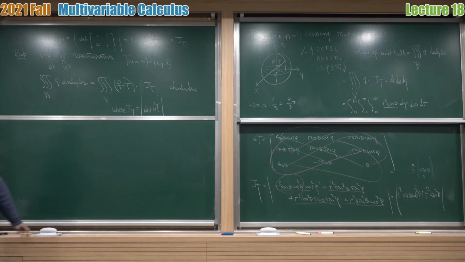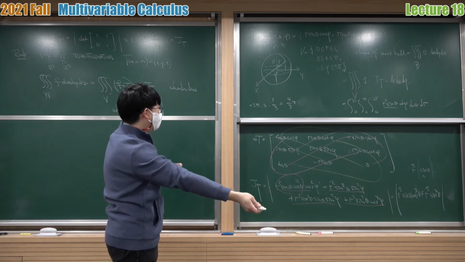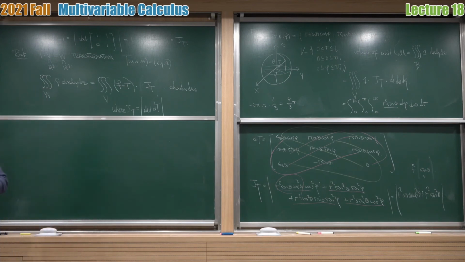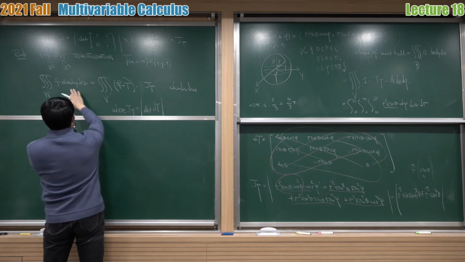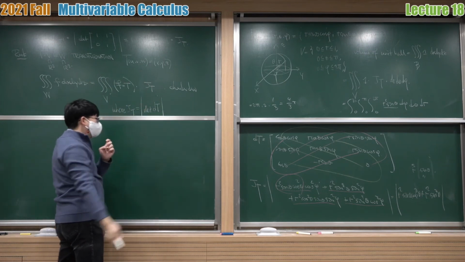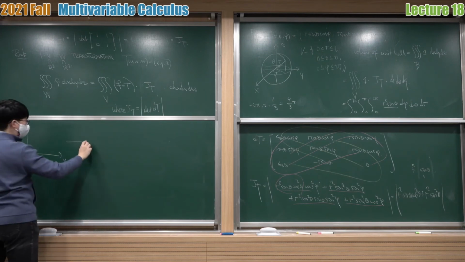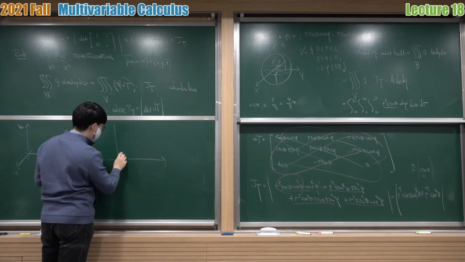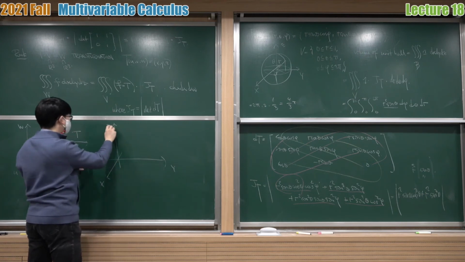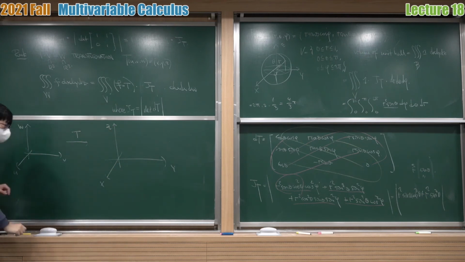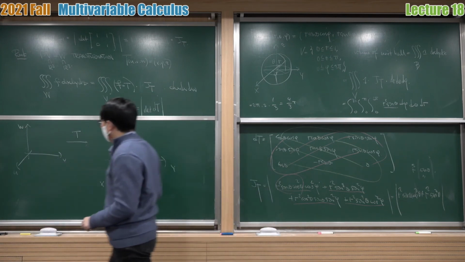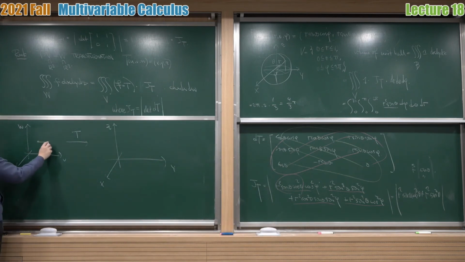So let me explain why the determinant gives the Jacobian. So the meaning of Jacobian is you want to find the ratio between the original volume and the corresponding volume. So here is the UVW space, and you have a transformation which maps to the XYZ space. Now I want to take a point in the UVW space and then look at some cube.